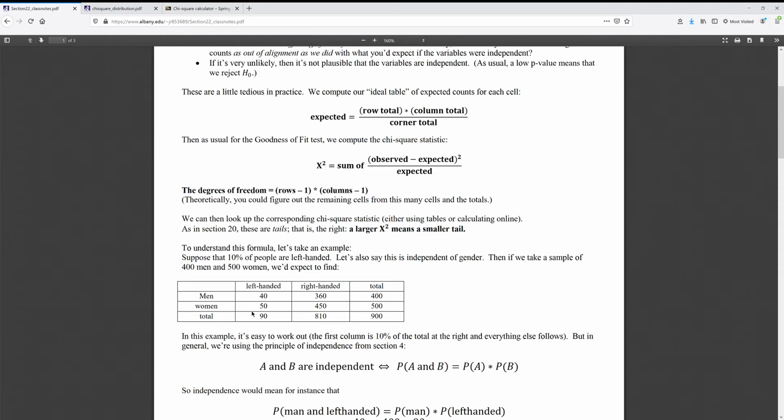do any imbalances that you happen to see in the sample you happen to be looking at suggest that there's a relationship in general for the broader population, or are they simply the luck of the draw? For the particular sample we happen to have, maybe we happen to get a lot of left-handed men. Does that suggest that men are more likely to be left-handed, or is it just the luck of the draw for this particular sample?